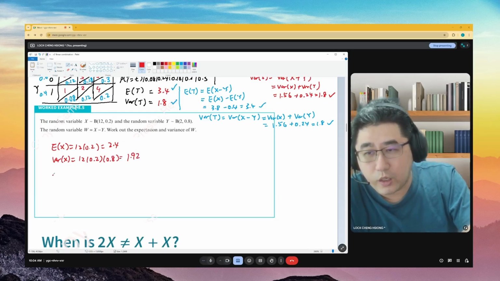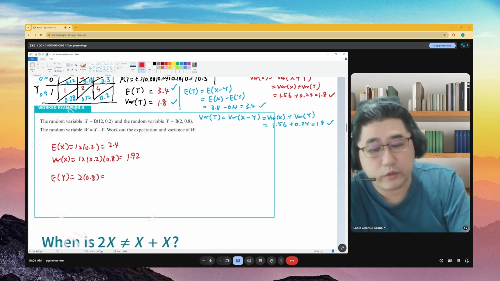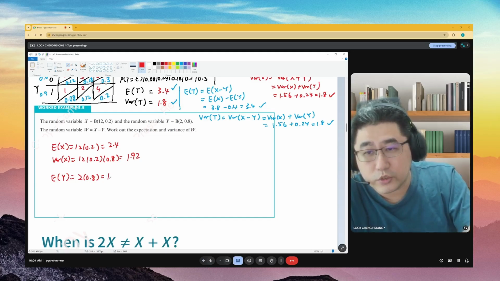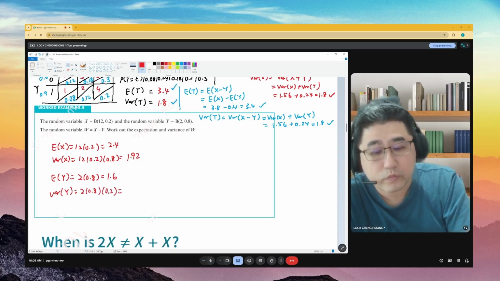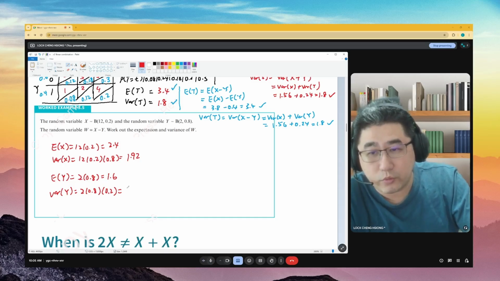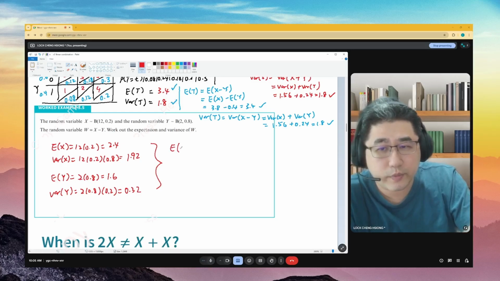And expected value of Y, which is another binomial, we apply the formula 2 times 0.8, I have 1.6. And the variance of Y gives you 2 times 0.8 times 0.2, which gives you 0.32.